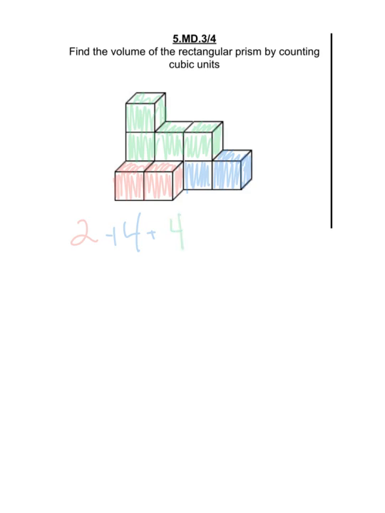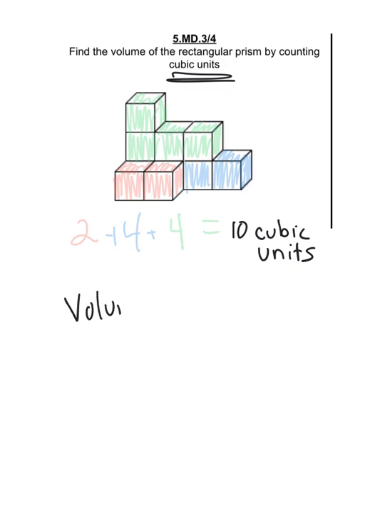So 2 plus 4 plus 4, what does that give us? A total of 10 cubic units. Now, when we're calculating volume, we always count in cubic units, and cubic refers to the 3 dimensions that make up the figure.